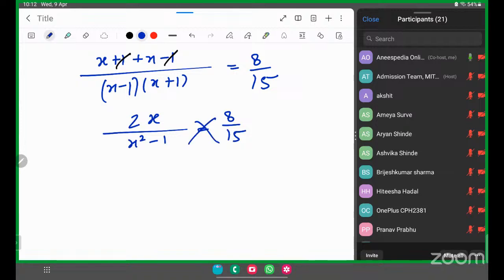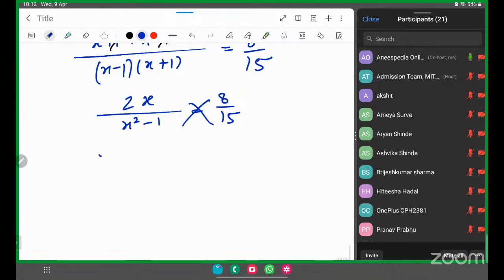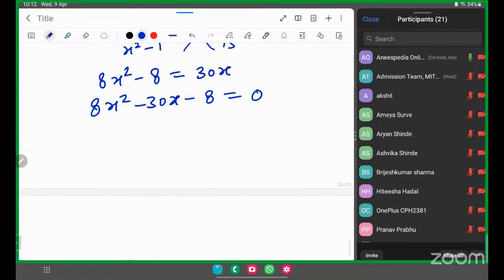If you cross multiply, this will be 8x squared minus 8 equal to 30x. On rearranging, 8x squared minus 30x minus 8 equals 0. Divide it by 2. This will be 4x squared minus 15x minus 4 equals 0.